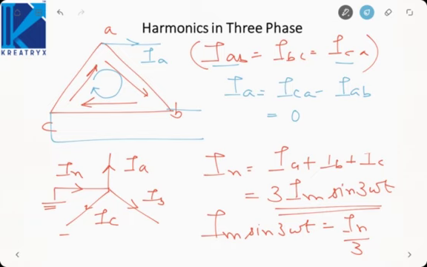Either there must be a path to the ground, or there must be a closed path for the flow of third harmonic currents. In delta connection we have a closed path, so third harmonic currents can flow. And in star connection, if we connect the neutral to the ground, then the third harmonic currents can flow because they get a path to the ground. So those are the two cases in which third harmonic currents can flow, otherwise third harmonic currents are absent.